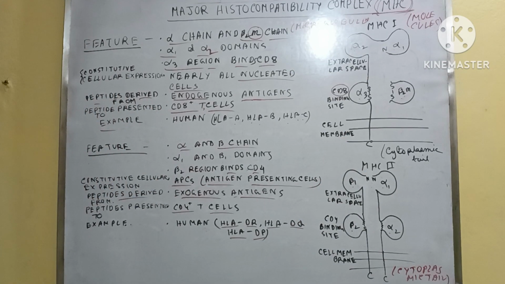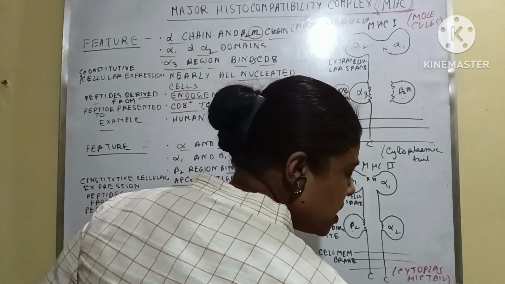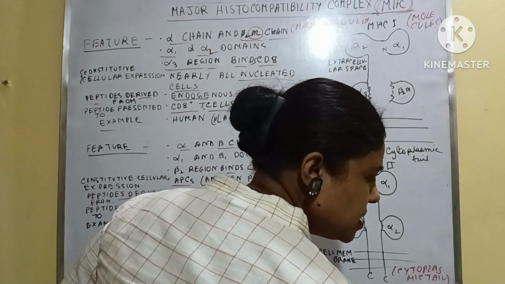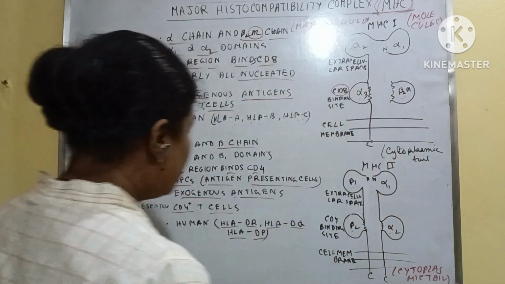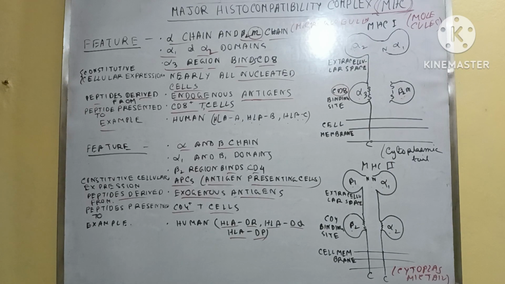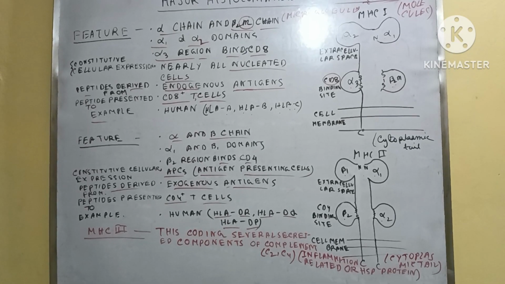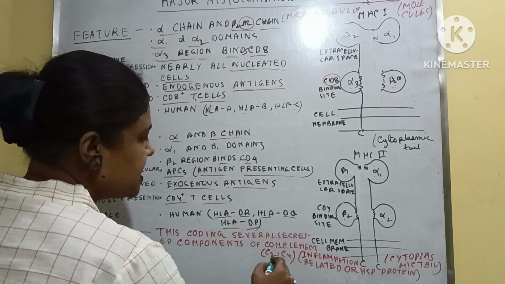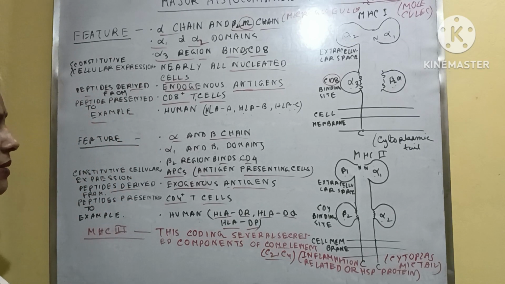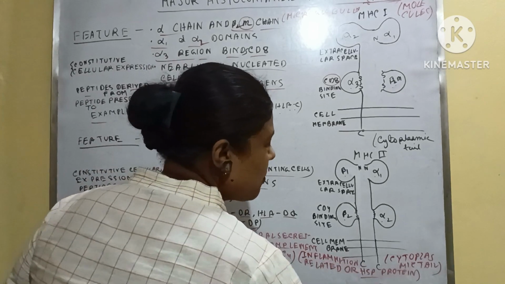Clear? Next, what type of genes are the MHC3 class? I will write some words for the MHC3 gene. The MHC3 gene generally encodes proteins related to the complement system, C2 and C4, and also inflammation related proteins or heat shock proteins.